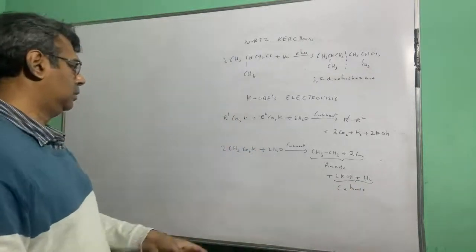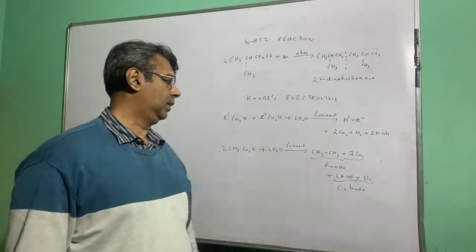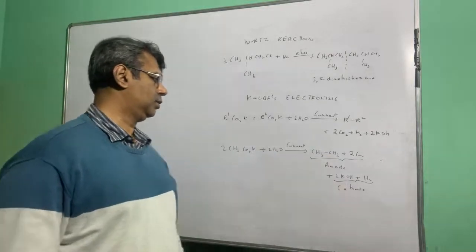Okay, so potassium salt of carboxylic acid on electrolysis is giving alkane plus CO2 at the anode and KOH plus H2 at the cathode.